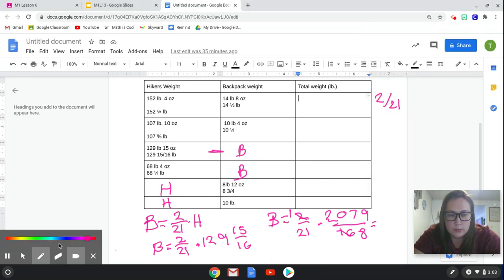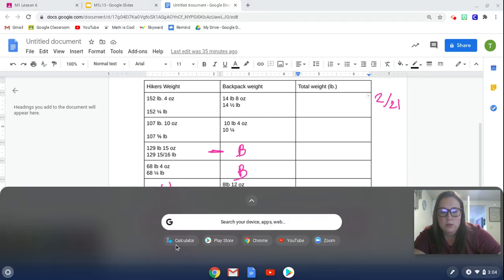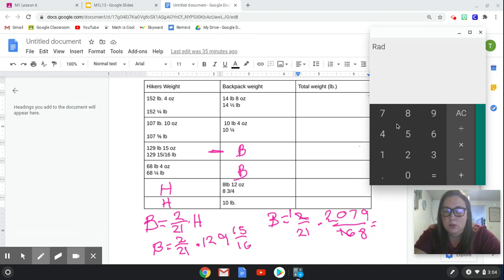You'll want to do 21 times 8, and then divide 2079 by that answer. So 21 times 8, all right, so 168. And then you'll go 2079 divided by 168.